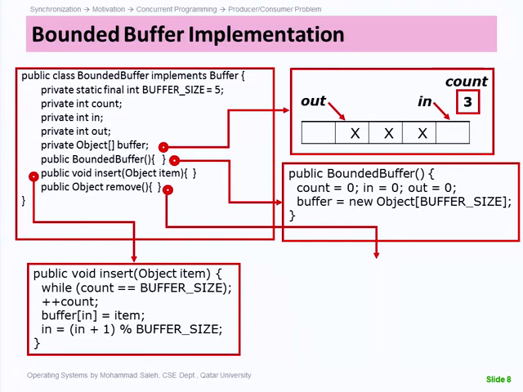But during the time slice given to the producer, calling insert, will anything change? During the time slice, the producer is active. Will anything change if count equals buffer size? Will it change during that time slice? Who's active during that time slice? Only the producer. The consumer is not active. So will it change? No. However, the producer is still running, calling insert, and continuously checking a condition, okay? Waiting for it to change.